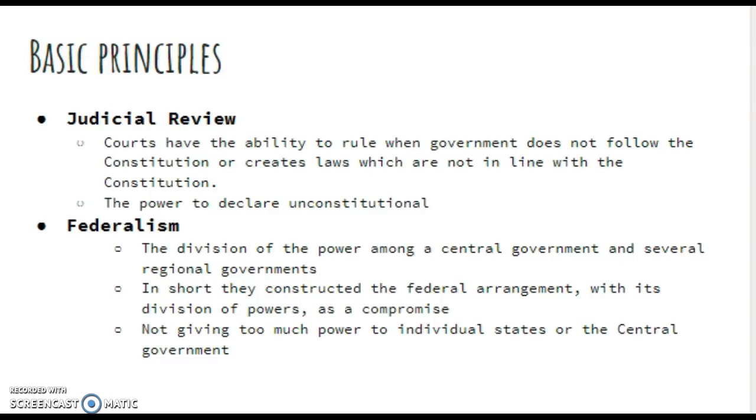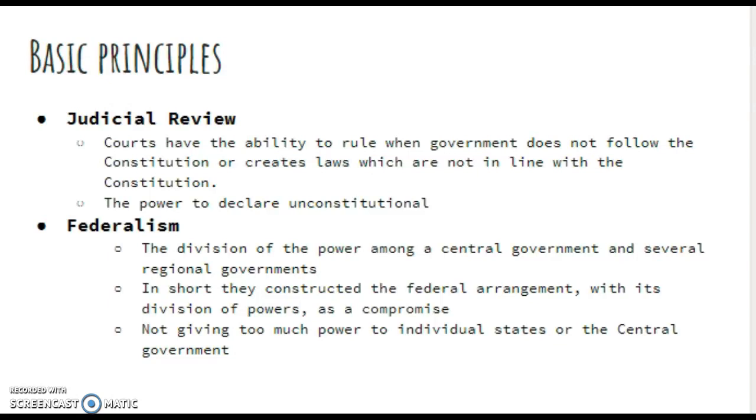And so again, the Supreme Court has the ability to hear these cases and then make decisions about them and decide whether it violates your First Amendment. And obviously with the flag burning, the court held that this was protected by your First Amendment right.